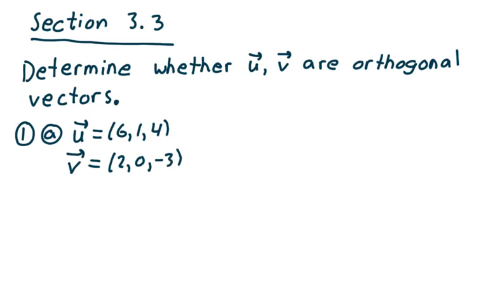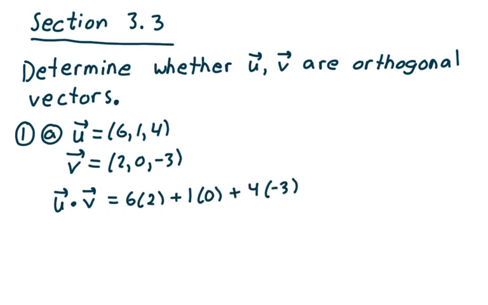So to determine whether or not u and v are orthogonal, we need to take the dot product of u and v. So the dot product of u and v is 6 times 2 plus 1 times 0 plus 4 times negative 3.